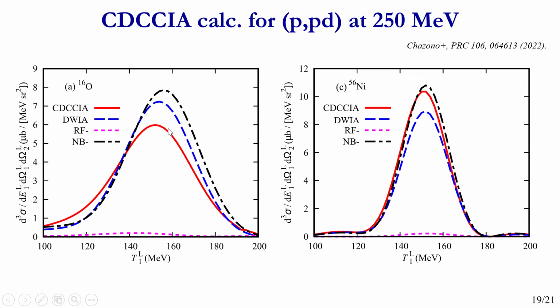Red solid curve is the result of CDCCIA, and this blue dashed is DWIA. So the reformation process changes the cross section in this way. The difference is not very significant, but appreciable, I would say. So I think the reformation process is important.